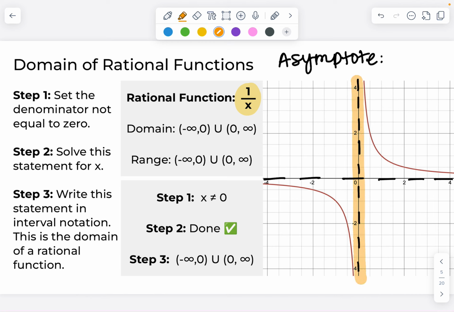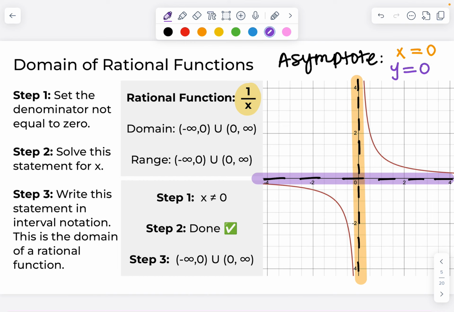This vertical one, and then we have a horizontal one. The vertical asymptote we would write as x equals 0, so we write it like we would a vertical line. The horizontal asymptote is at y equals 0.